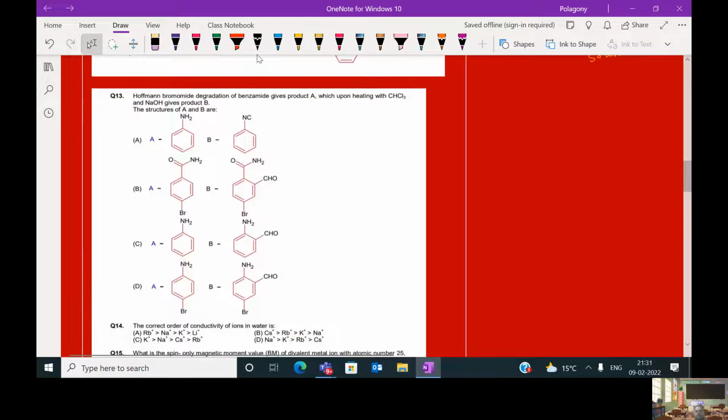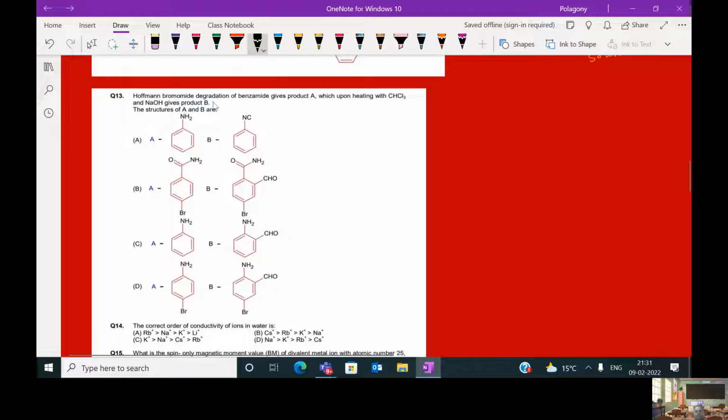So now the 13th question, Hofmann bromamide. In the previous class also I was talking about the Hofmann bromamide reaction, which is a very important reaction. Hofmann bromamide degradation of benzamide gives product A, which upon heating with CHCl3 and NaOH gives product B. Generally the Hofmann bromamide reaction is seen in amides. Here CONH2 is mentioned, so this is called benzamide.